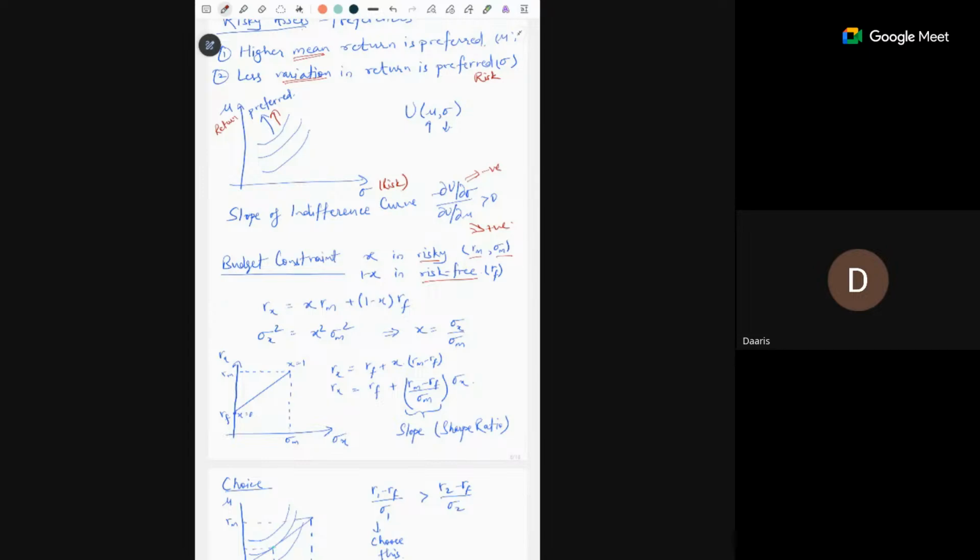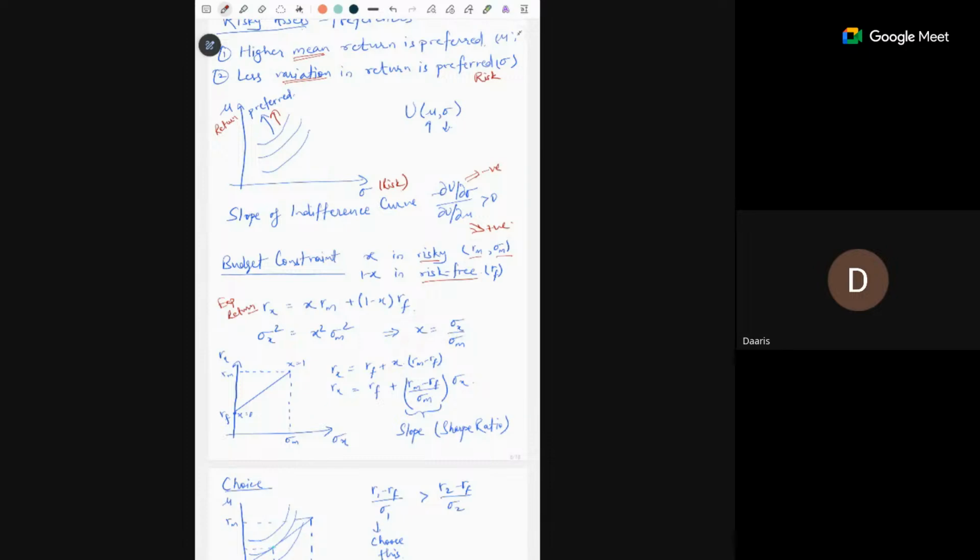If the individual invests X amount in the risky asset and the remaining 1 minus X in the risk-free asset, then the expected return would be X times Rm plus 1 minus X times Rf. And variation only comes from the risky part, so that would be equal to X squared times sigma m squared. By taking the square root, we get X equal to sigma X by sigma m.